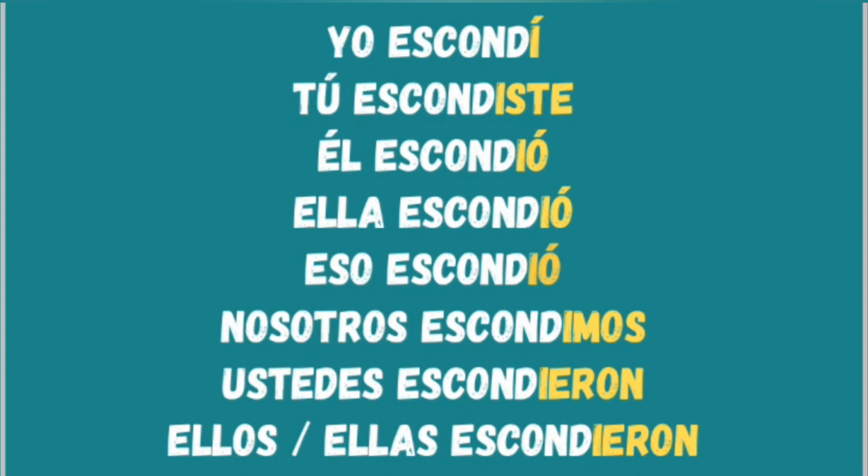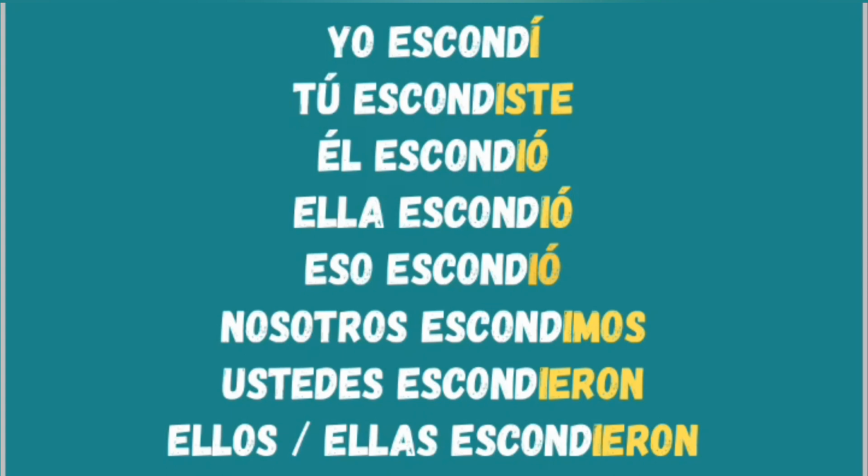escondiste, okay? Now, if you have the personal pronoun he, which means él, then the ending of the verb would be with letter I and O with an accent, okay? Escond, same root word, dio. Él escondió. He hid.